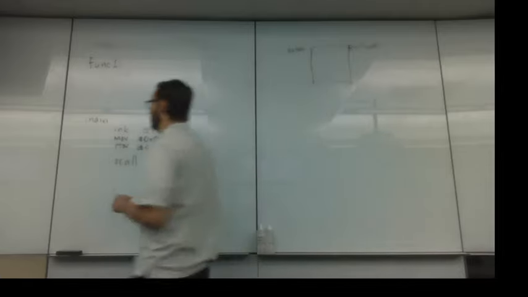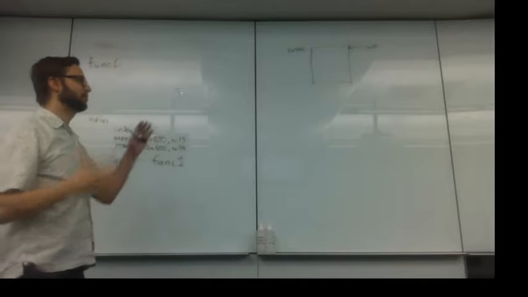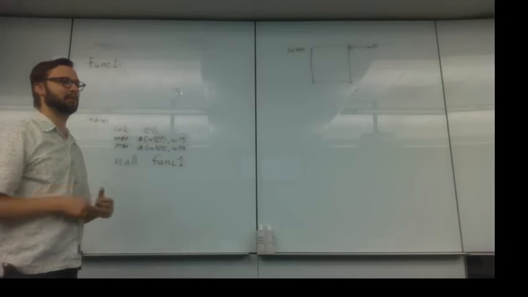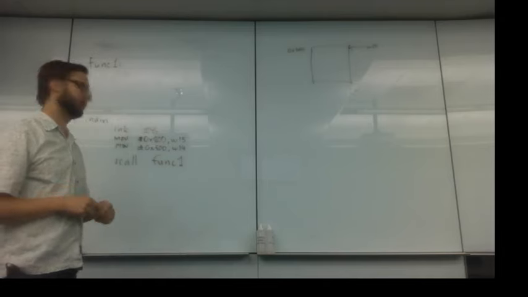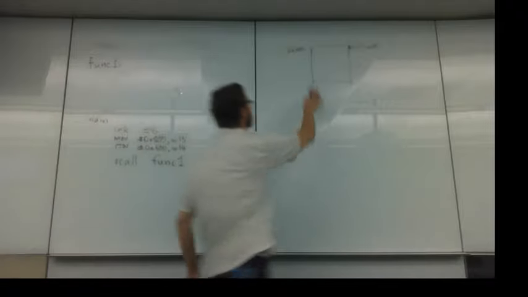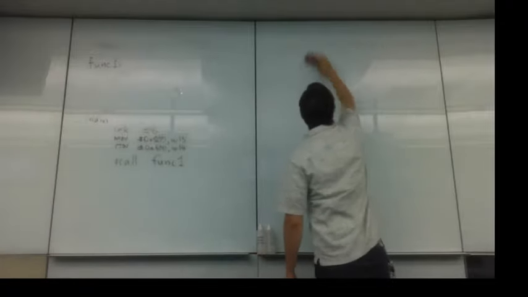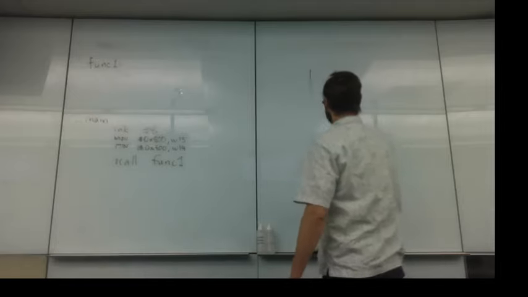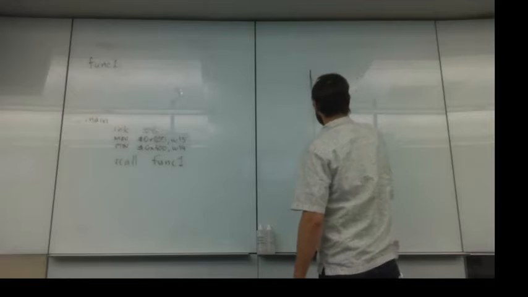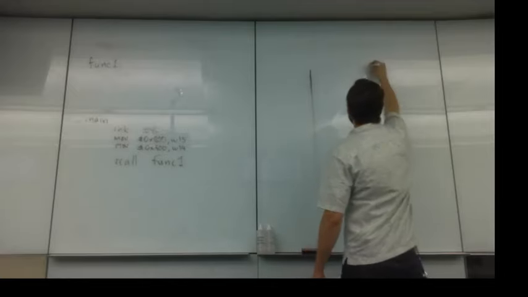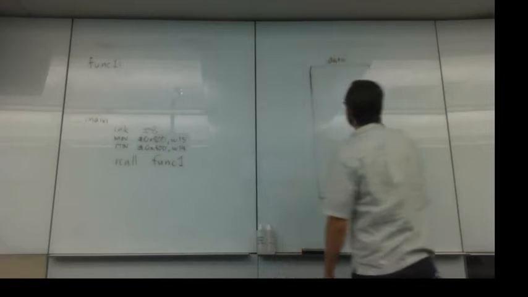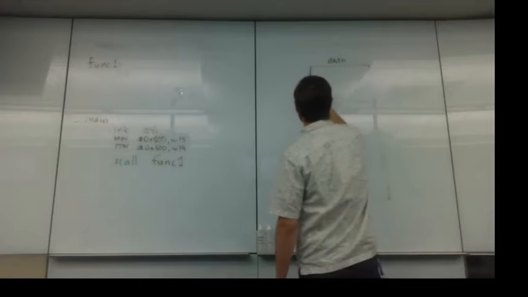Would you like me to write a bunch of stacks or a bunch of data memory locations, or can I write the same one and keep erasing it when things change? Yeah, I'll write the same one because that's kind of how it works in real life. So I've got data memory in here, and let's put x800 right here.